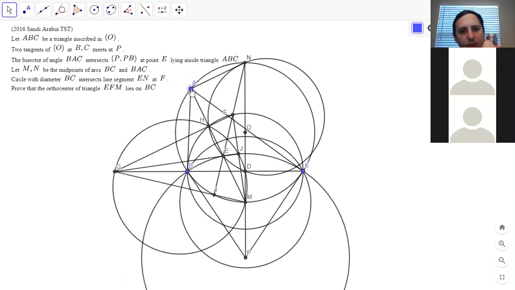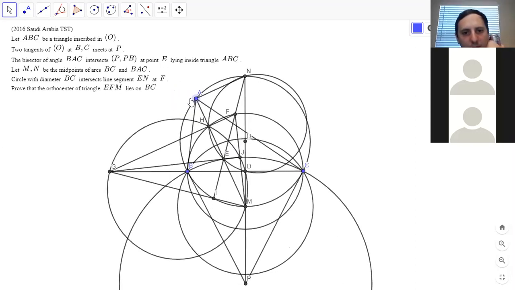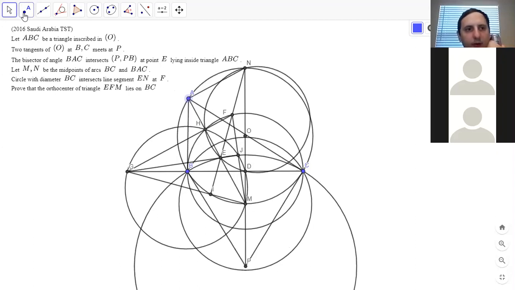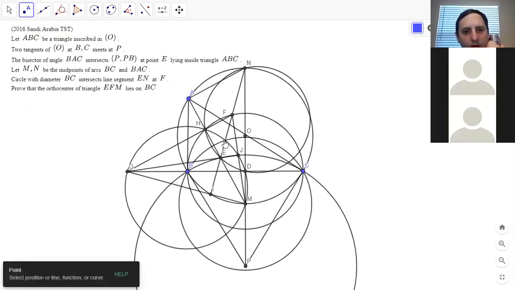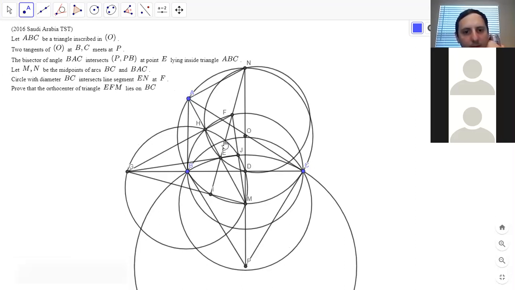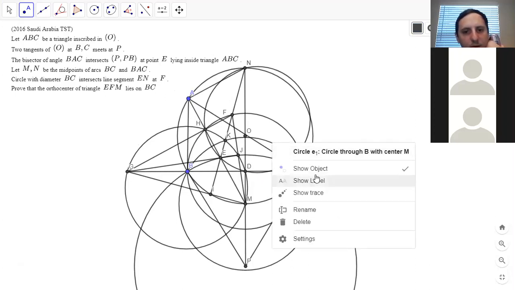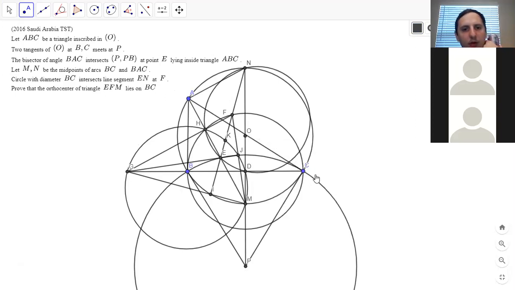I wonder if, so this point kind of looks like the incenter right here. This is looking a little bit like the Sharky-Devil configuration. Oh no, the incenter would be this point, but it looks like this point also lies on this circle. So it's like MK equals MB equals MC.